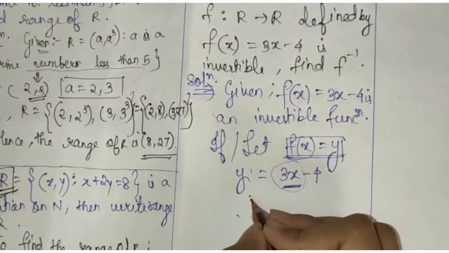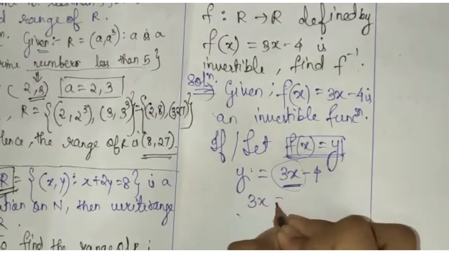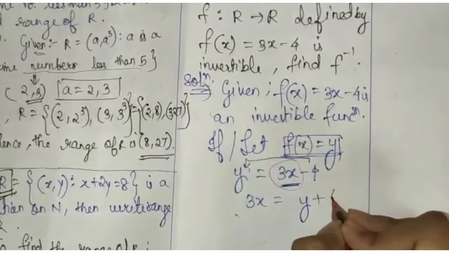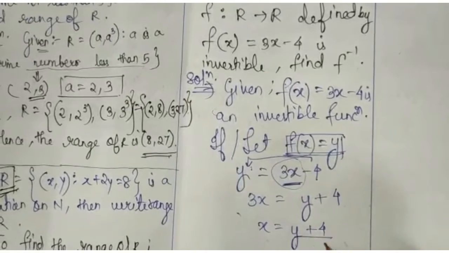So what I'm gonna do is I will make a little bit of rearrangement. So 3x is equal to minus 4 to this side, that is y plus 4, and x is equal to y plus 4 upon 3.